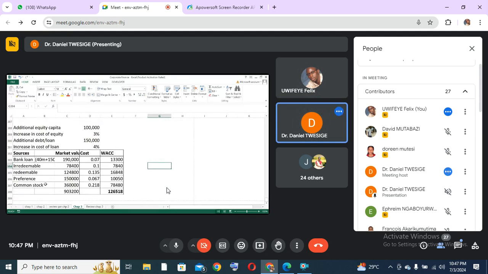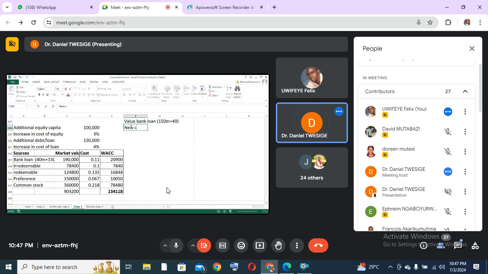Another which is increasing is common stock. Our common stock is increasing by 4%, which means this is going to be 0.11. Maybe I can write it here. Value of bank loan for understanding will be 150 plus the original, which was 40.